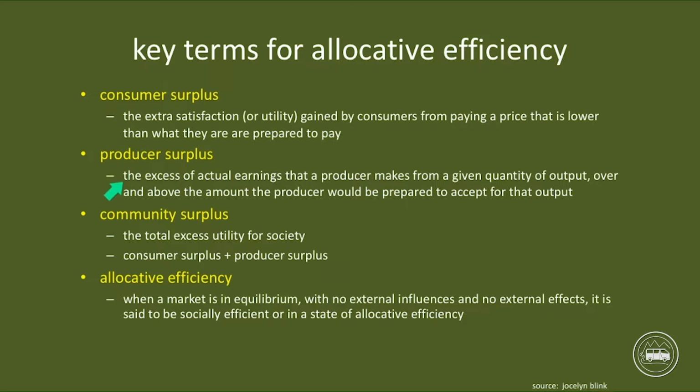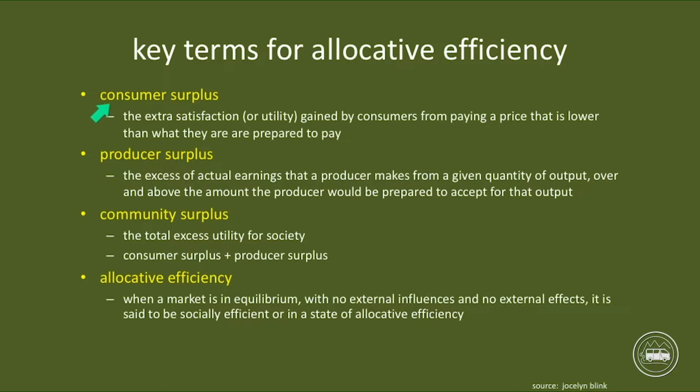Producer surplus is the excess of actual earnings that a producer makes from a given quantity of output over the amount the producer would be prepared to accept for that output. What that's saying basically is that it's a producer who gets more for his or her good than they would have been willing to accept. Hold on to that. A visual is easier to understand.